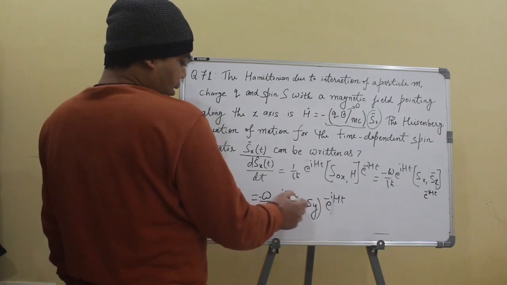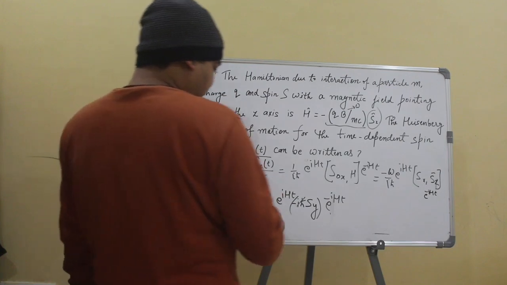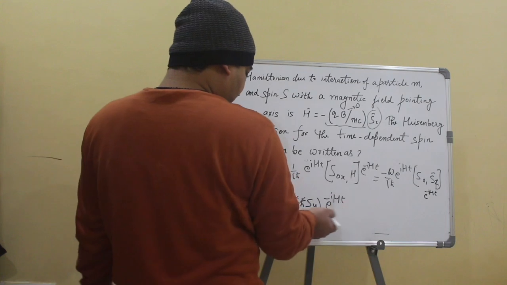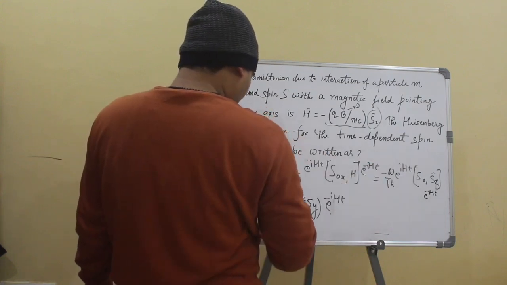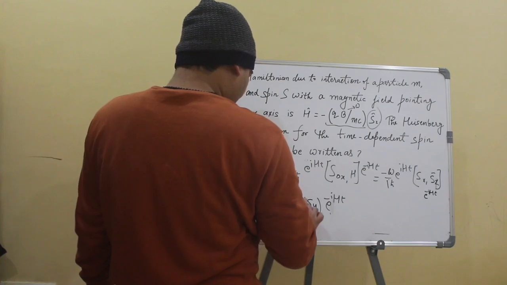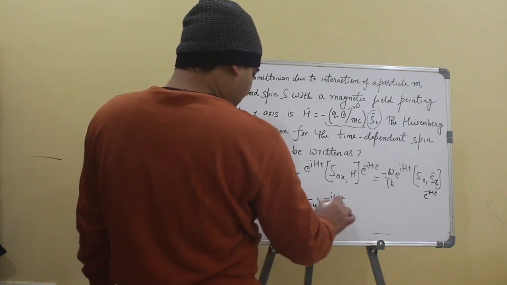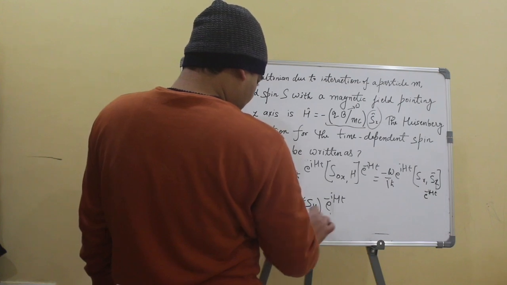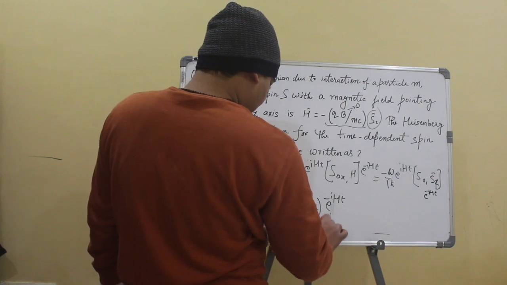Now this i h cut cancels out. You are left with omega e to the power i H t Sy e to the power minus i H t.